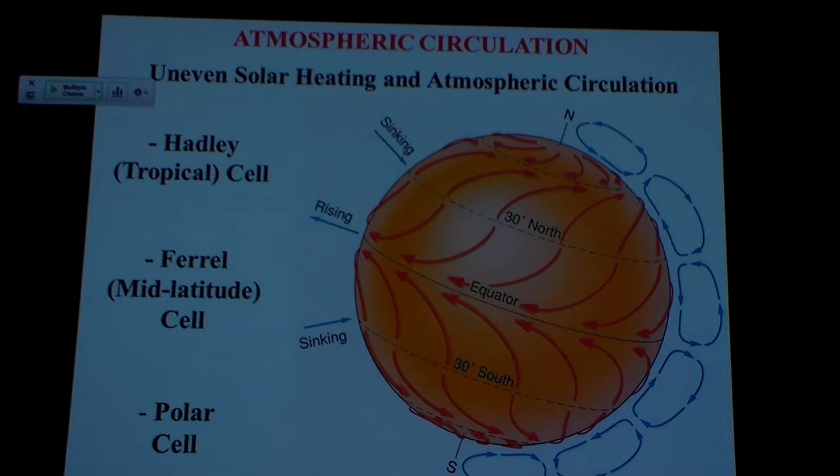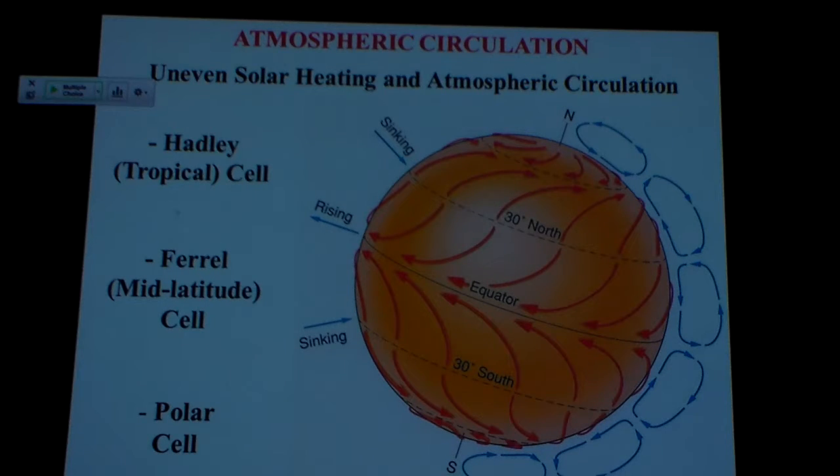Let's jump up to the North Pole. What's going on up there? Well, cold air is sinking. It's creeping along the Earth, moving down toward the equator, picking up a little heat from Earth, and by the time it gets to about the 60th parallel, it's warmed up enough that it's starting to lift back up into the atmosphere.